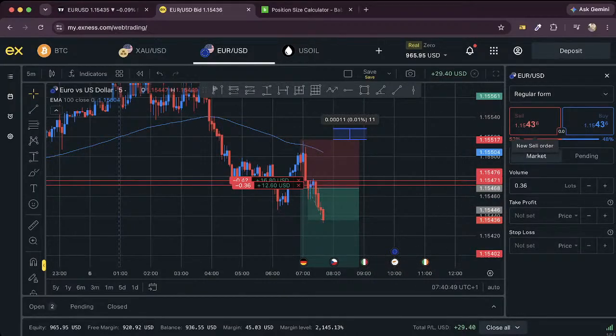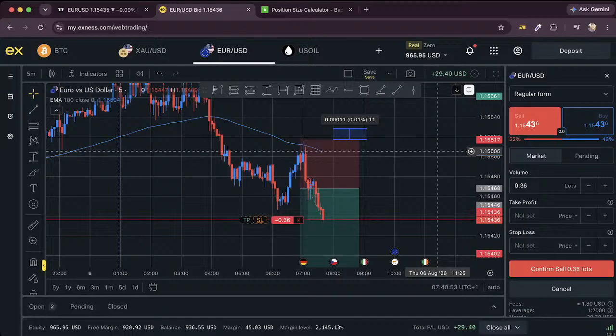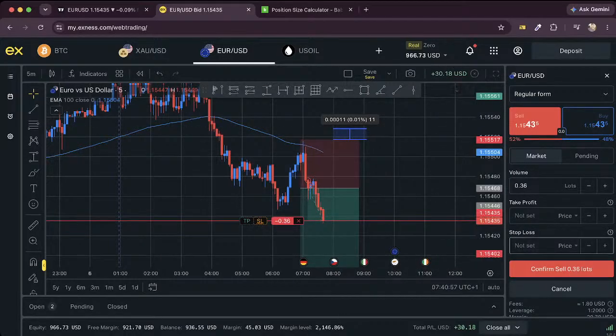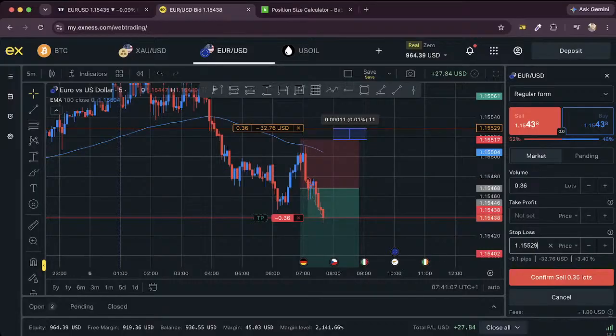If I click on sell now, you see it doesn't highlight. They are expecting you to put a stop loss. I just come here and copy the price, then paste it in the stop loss. You don't have to paste it, because when I click on it, they just put the default where they feel like, and that's not where I want it. You want to paste it at the marker: the stop loss goes to that top and stays here.